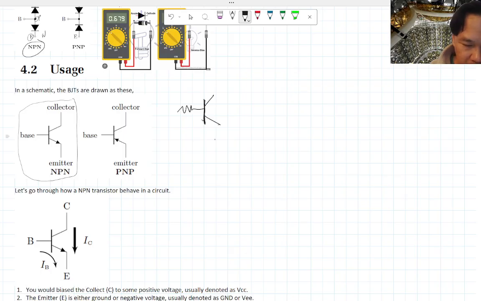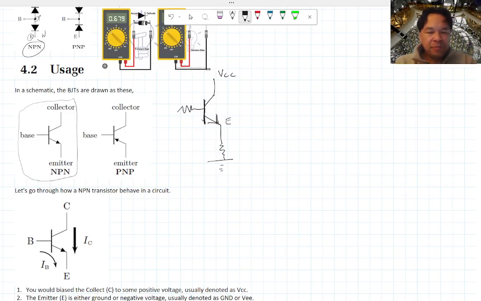For NPN, the little arrow always goes out, and so that basically defines this as the emitter. Let's say you have another resistor and it goes around here, and then you have some voltage source that you're using. That's how you draw a transistor in a schematic.